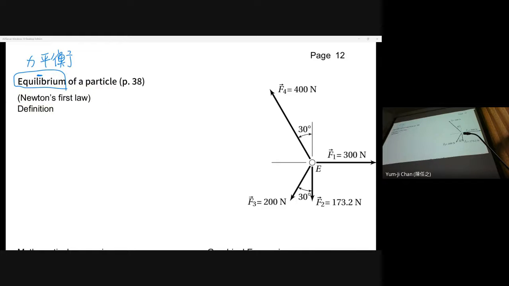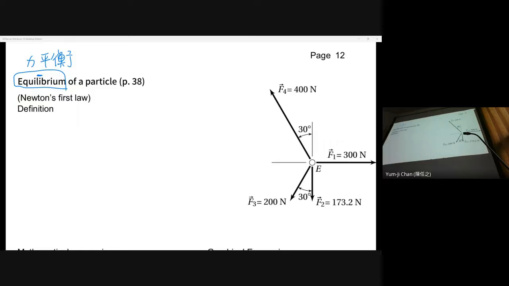In dynamics, maybe you don't know, the second law goes to dynamics, the next semester. So what does it mean by equilibrium?